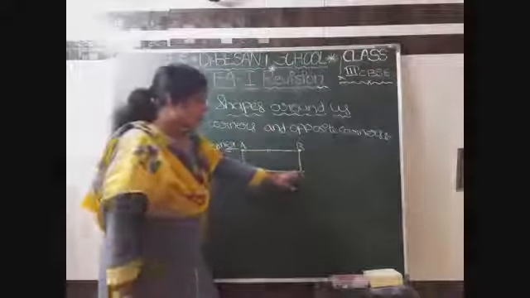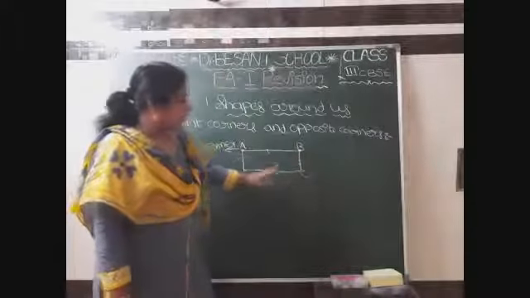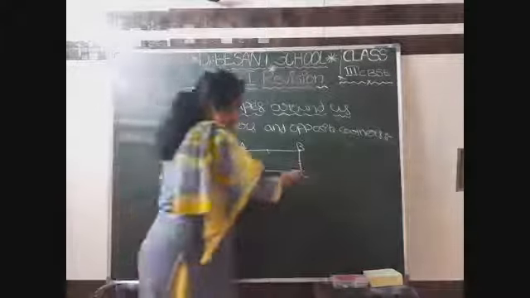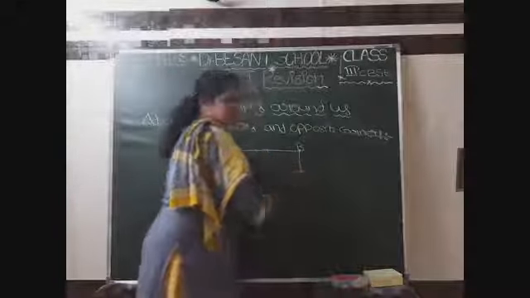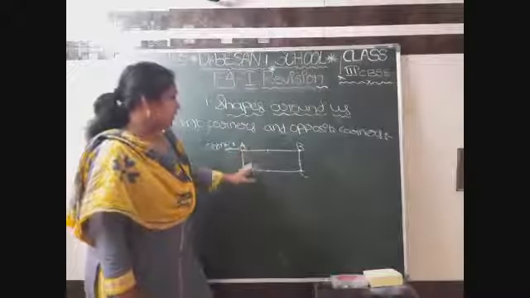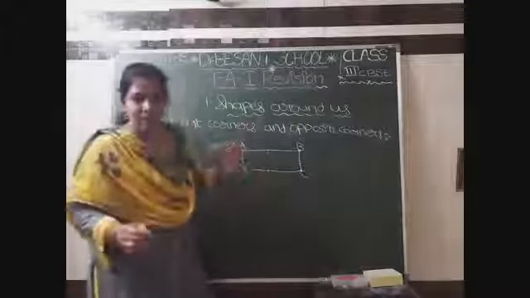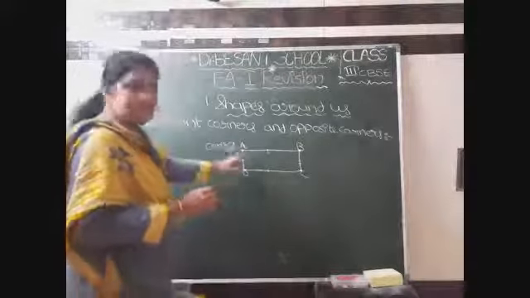BC side and CD side are meeting at C. That's why C is also a corner. And CD side and DA side are meeting at D. That's why D is also a corner. What are the corners here?